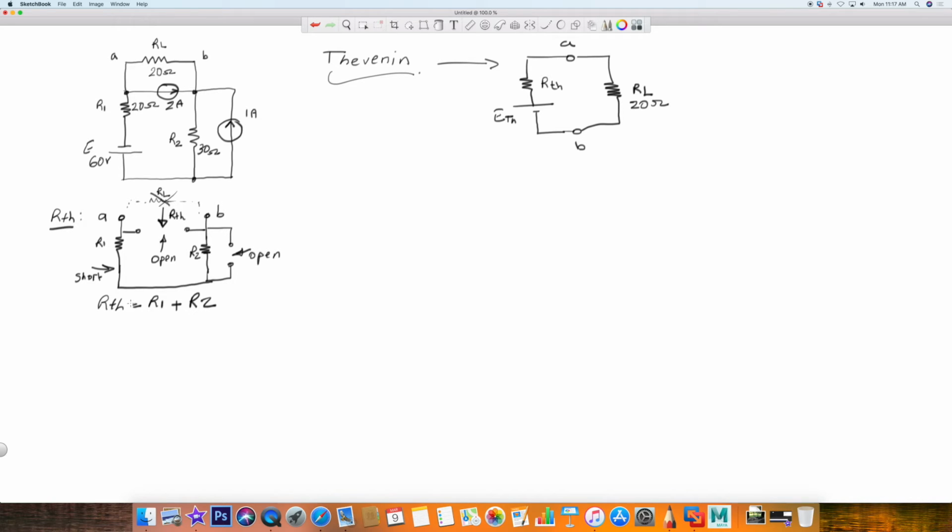Okay, so it's all relative to A and B. In our case, it's going to be 20 plus 30, which is 50 ohms. However, the problem really started out with 10 ohm for R1, so let's change that. So now that changes our total to 40 ohm.